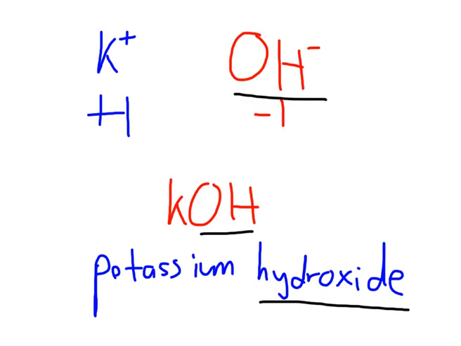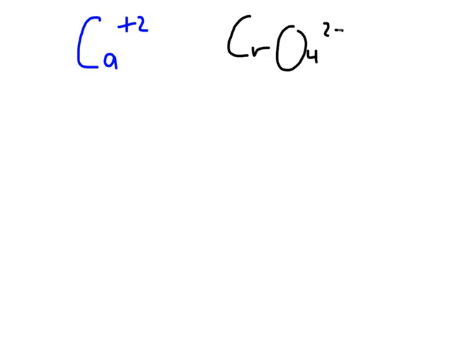Let's look at another example. In this case, we're going to do calcium. Of course, that is an alkaline earth metal, so we know it's +2. And with it, I'm going to say, let's do chromate. So I've already got the charges listed up, and as usual, they're going to cross and switch, and then simplify because this is still ionic.